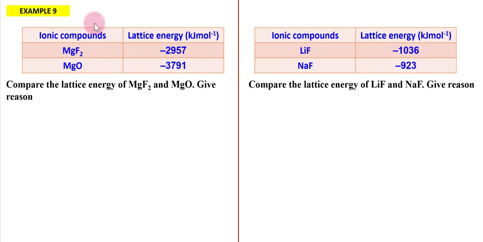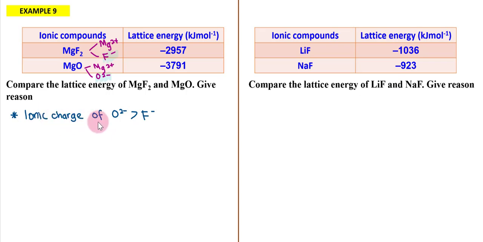In magnesium fluoride, we have two ions, which are the Mg2+ ion and 2 F- ions, while in magnesium oxide, we have the Mg2+ ion and the O2- ion. So here, the one that is different is the fluoride ion and the oxide ion, since the fluoride ion only has a -1 charge, while the oxide ion has a 2- charge.